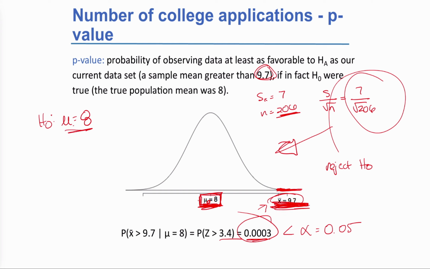Since we got an x bar that's greater than that, and therefore a positive z-score, we would be looking for the area in the upper tail. If the question was, do we have evidence that the mean number of colleges Duke students apply to is different from 8 instead of specifically greater than 8, then we would also be looking for this much in the lower tail as well, which, because your normal distribution is symmetric, you would just take this and multiply by 2.